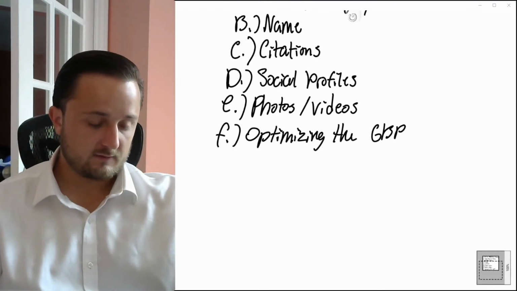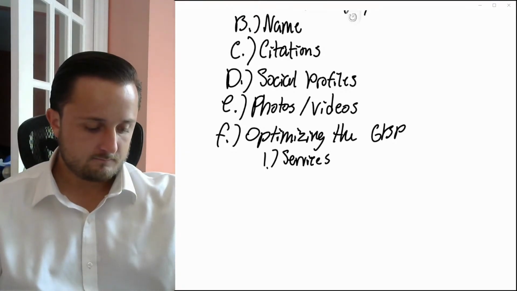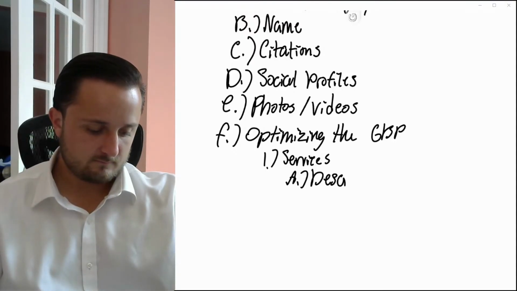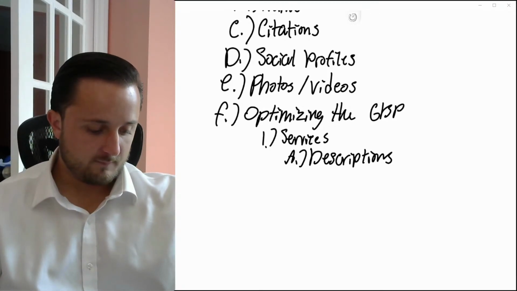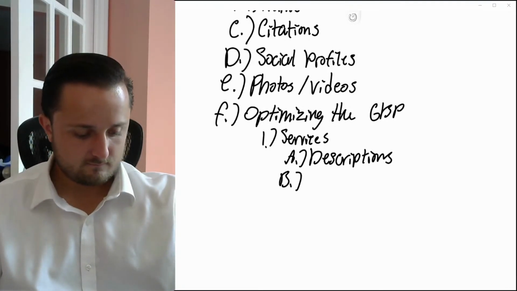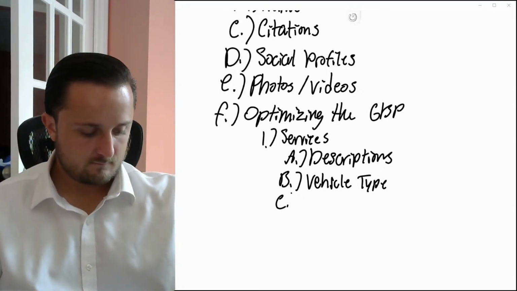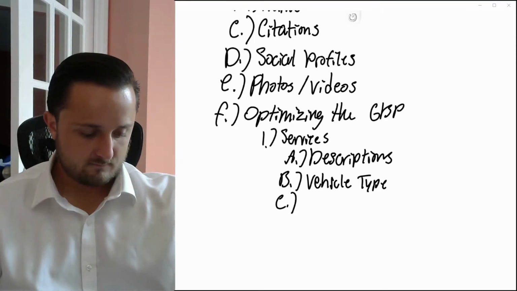So for optimizing, we're going to talk about services. Then we'll talk about putting descriptions. Then we'll talk about by vehicle type. Then we'll also talk about by make.